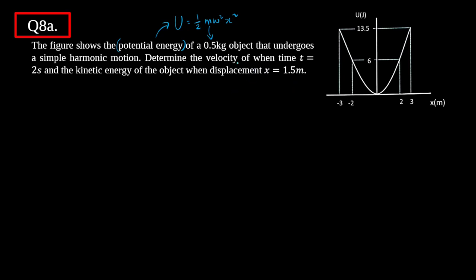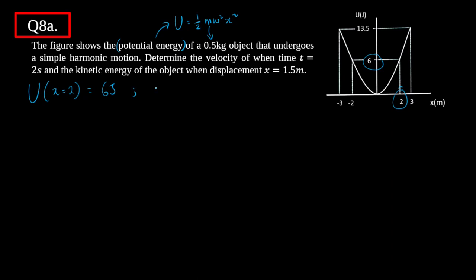First things first, I just want to write down that U, or the potential energy, when x is equals to 2, is equals to, so I'm just going to match it right up here, 2 here, 6 here. So the potential energy when x equals to 2 is 6 joules, right? That's going to be helpful later on.